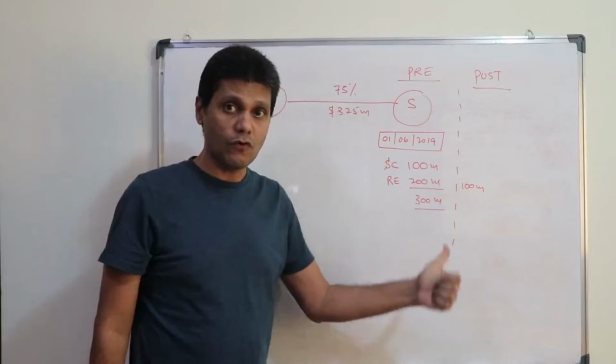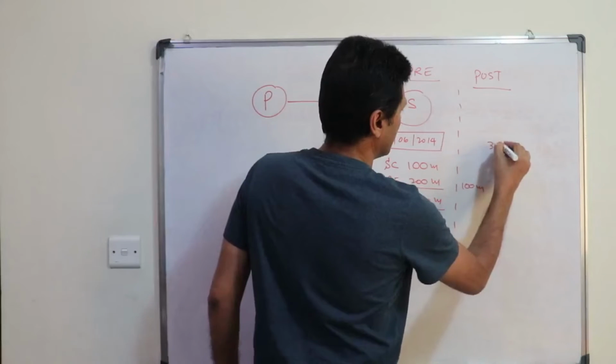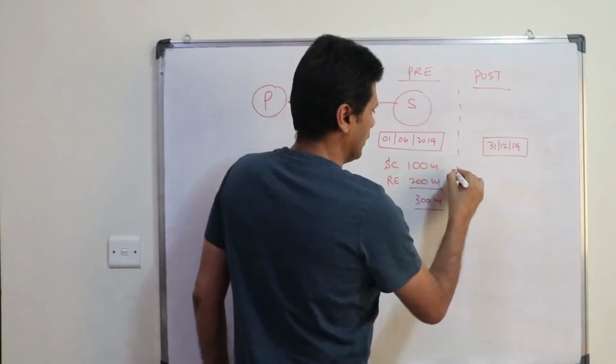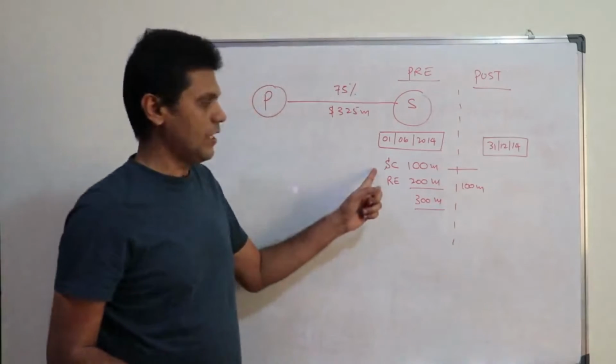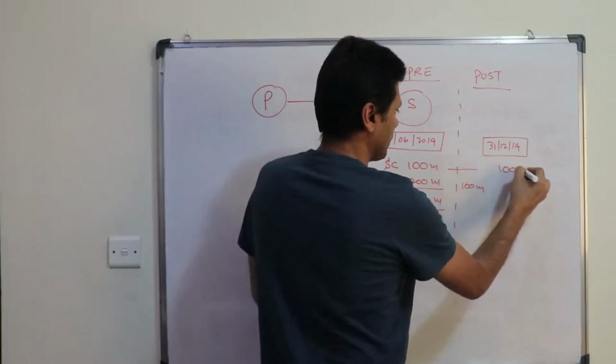Now if you take the snapshot of the financial position at the reporting date, which is 31st December 2014, what will be the net assets? So this is the reporting date. They have the share capital, it remains the same, 100 million.